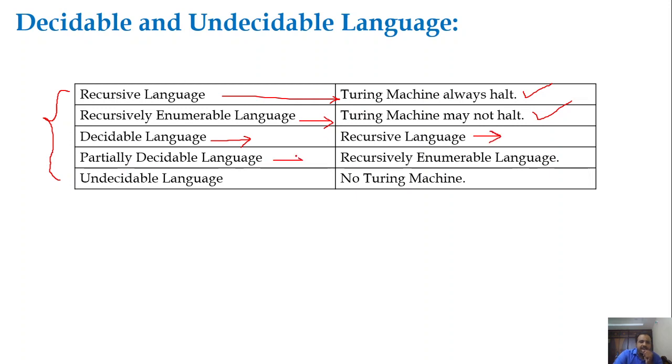Partially decidable languages are recursively enumerable languages. Undecidable language means there exists no Turing machine for such languages. Whenever we cannot construct the Turing machine for a particular language, it will be considered an undecidable language.